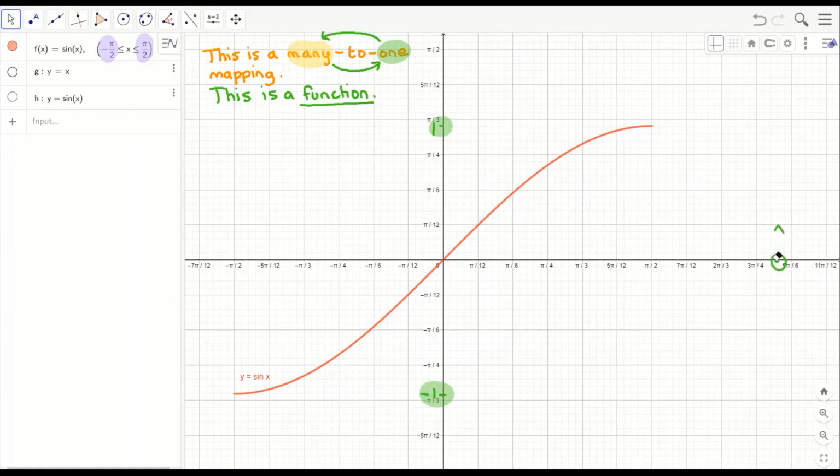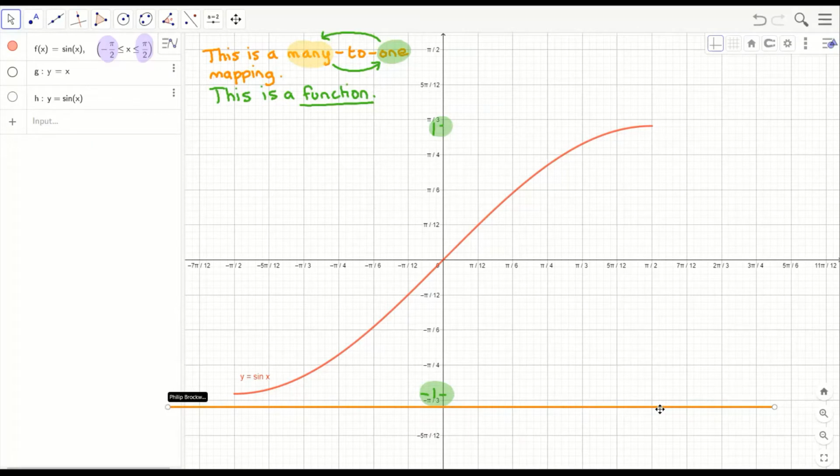I was a bit too overzealous with the erasing there. I do want to keep that line. Okay, so let's apply the horizontal line test. Now I've restricted my domain. We have one point of intersection all the way down. So by restricting that domain, we now have a one-to-one mapping. We can now talk about an inverse.